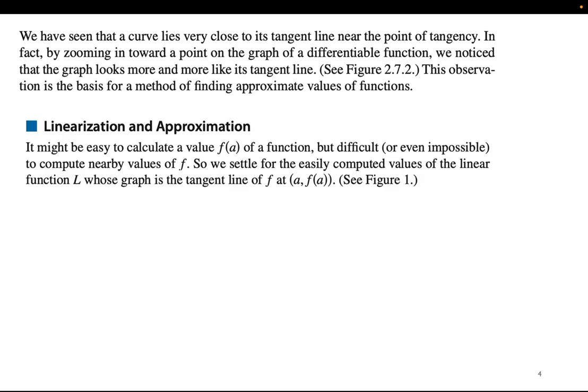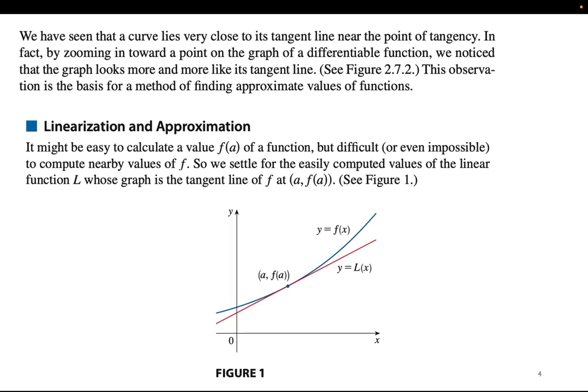The idea is that suppose we have a function that is complicated, and we want to approximate it using a simpler linear function. I think a good picture is this one. Let's say this f of x function is complicated, say an inverse tangent or some kind of a log or a trig function, and we want to use another simpler function, this red line, a linear function, to approximate it.